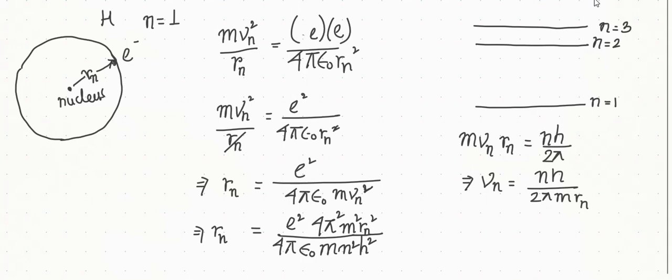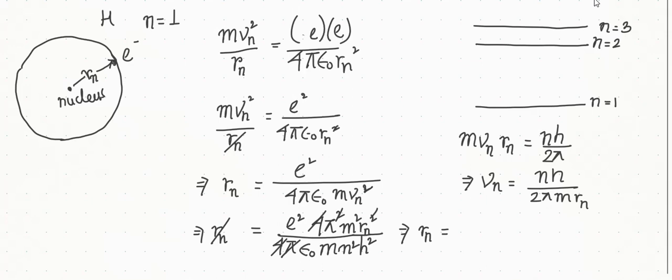Again this rn and this square cancel out. So if I try to find rn, before that, 4 and 4 cancel out, and pi and this pi square cancel out. So now, what is rn?